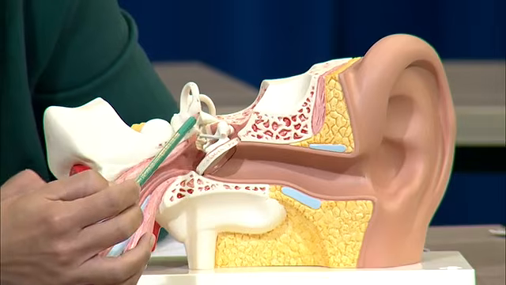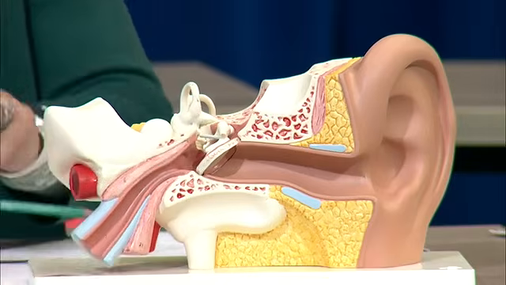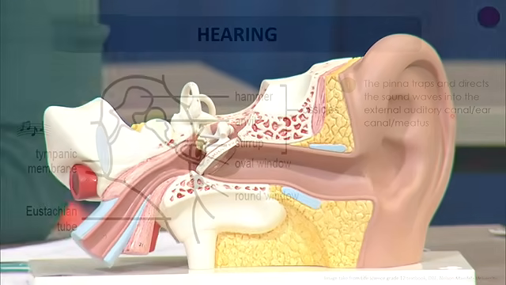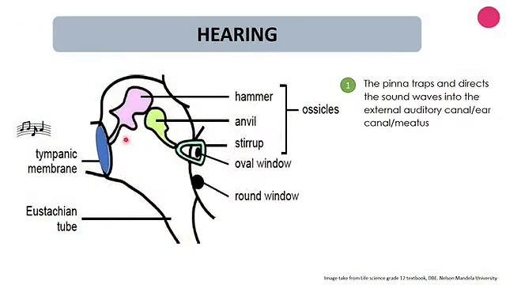Maybe the picture on the screen will help us to explain it a bit better. So as the sound waves enter into our external auditory channel, it will put pressure on the tympanic membrane. And then we've got these ossicles, the hammer, anvil, and stirrup, that will start to move.